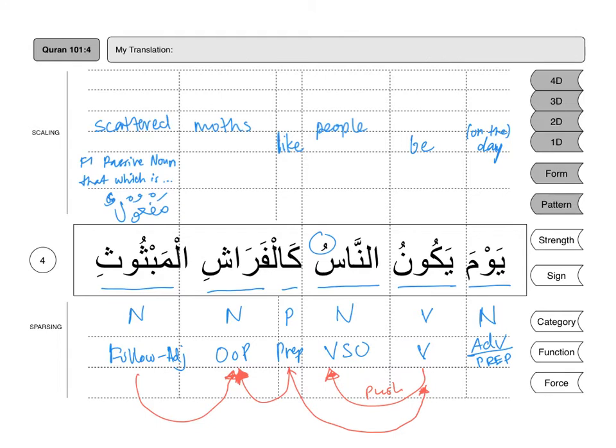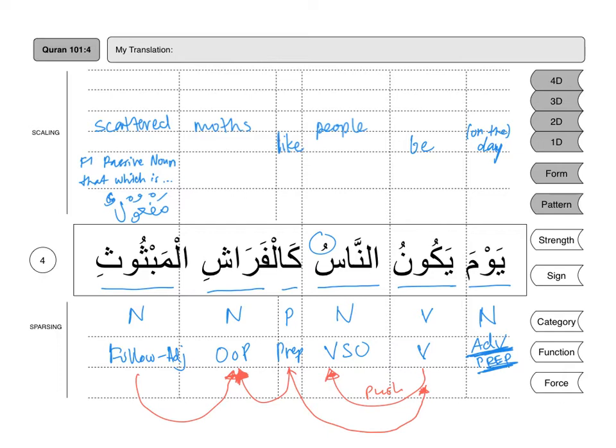I'm just simplifying this for you all, because grammatically it works like a preposition, which means what? Which means if this is a preposition, whatever comes after it would be the object of preposition. So for example, you have yawm al-ahad, so you say yawm al-ahadi, so it drags, right? So preposition drags the word after it. So in this case, if we call this preposition, or if we call this adverb, in terms of grammatical function, there is no difference.